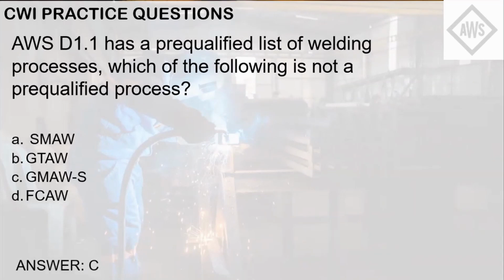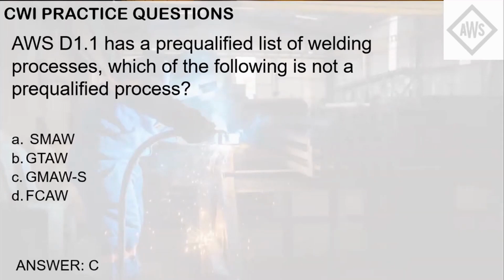Gas metal arc welding short circuiting is not a pre-qualified process because the current and voltage settings for this process are very low. The heat input is very low, so the chance of having a discontinuity in the weld is very high.